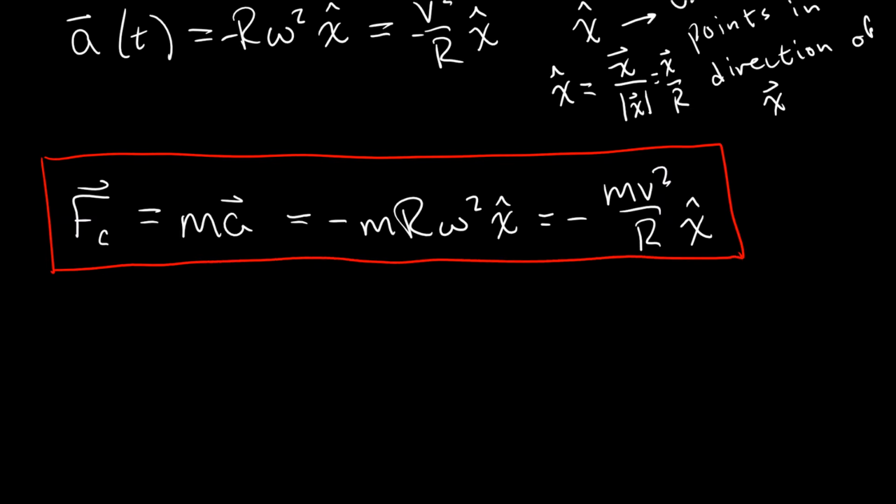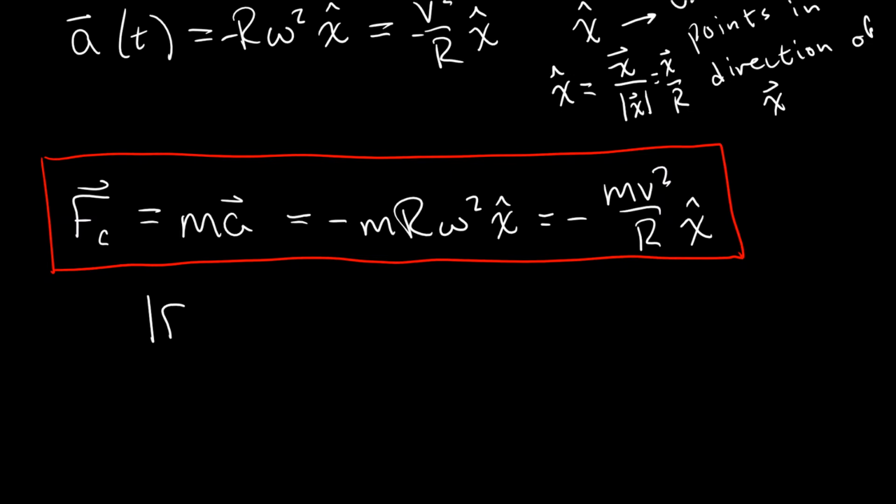So again, we see that we're not contradicting ourselves by assuming from the beginning that we had some central force, because we have something only acting in the direction of the position vector, and now we found how strong this force has to be to keep this thing going in a circle.